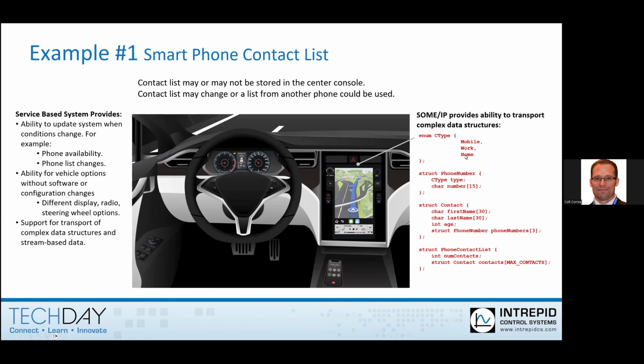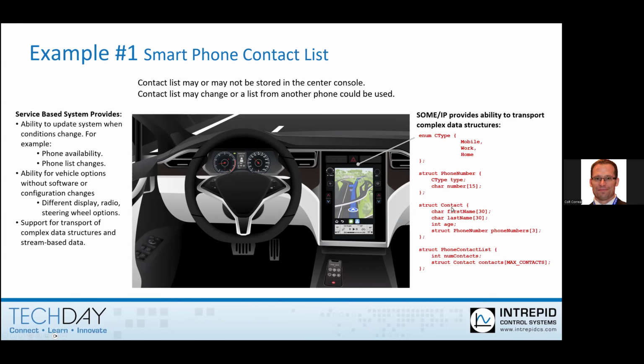So let's say we're going to create a SOME/IP service to offer up a contact list. How might that look in code? We have an enumeration that says what type of number we're dealing with: home, work, mobile. Then there's the phone number itself, which would also include the type of phone number, and then the actual number.